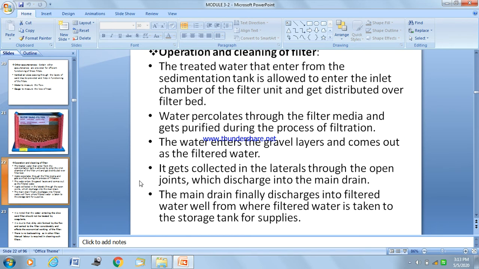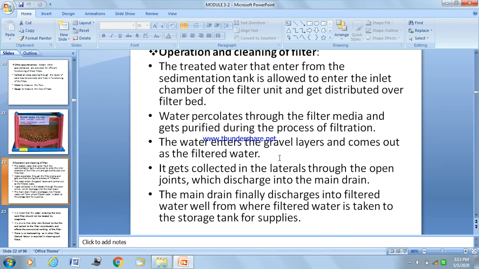Okay. Now, how is the working, the operation and the cleaning? The treated water from the tank will enter into the inlet chamber. From the inlet chamber it distributes into the filter bed, meaning sand to gravel. So water percolates into the filter media and gets purified during the process.